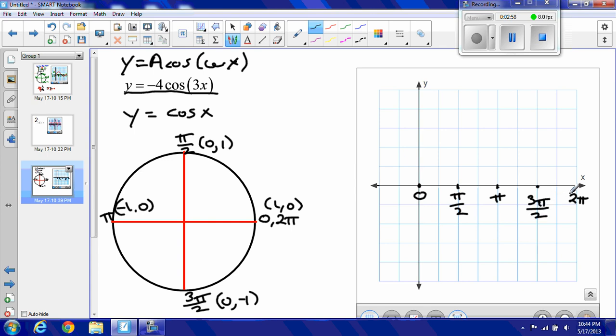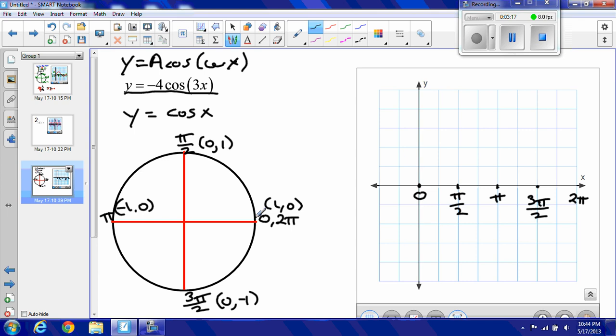And technically it's not degrees, it's radians, but I'm saying degrees just to help make it clear that my x-axis here represents the angles, and the y-axis is going to be the value of the cosine function at each angle.